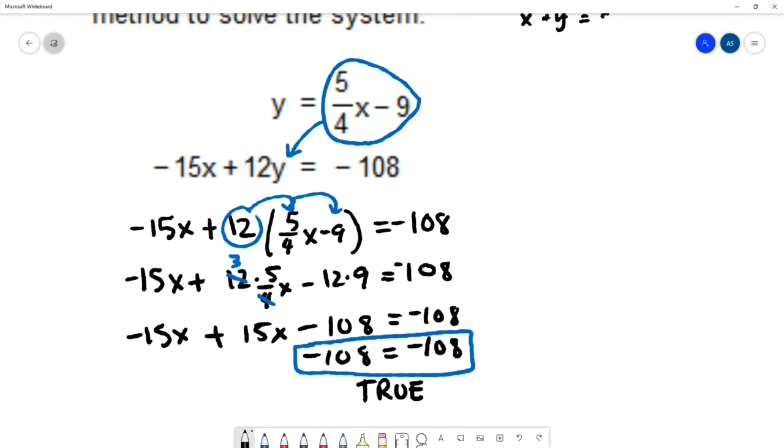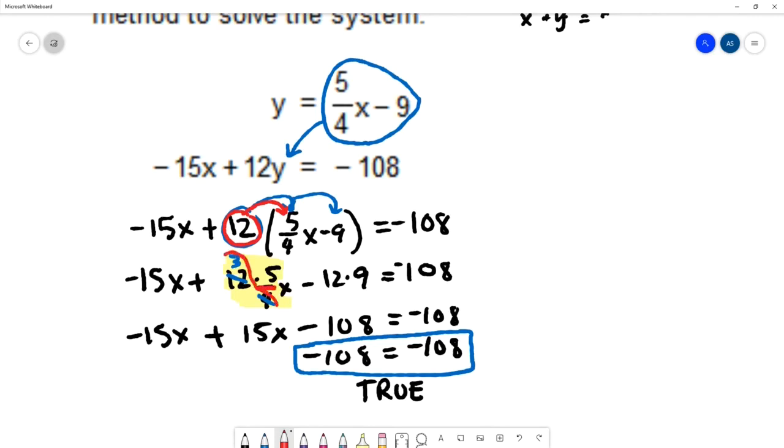That's a true statement. Okay, so I'm going to go back for a second and talk about how I simplified here. Okay, so I'll back up even further. So I started with the distributive property, and so that's how I got 12 times 5 fourths x. And then I thought it would be easier if I did the division before the multiplication. So I'm doing this division first.